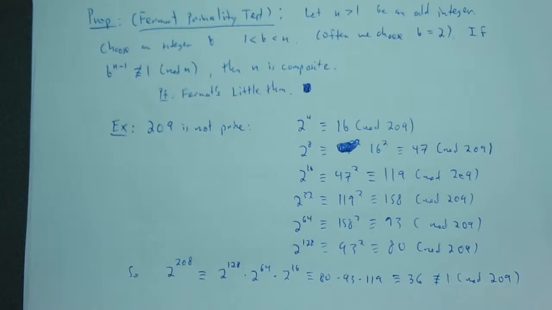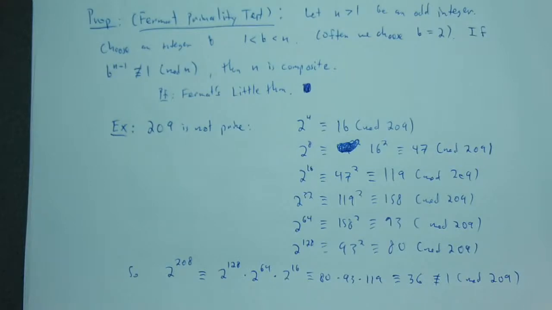I could just check whether any of those primes divide it, and then I'm done. But of course, this is just to illustrate how this works. With the aid of a computer, this is an easier check.